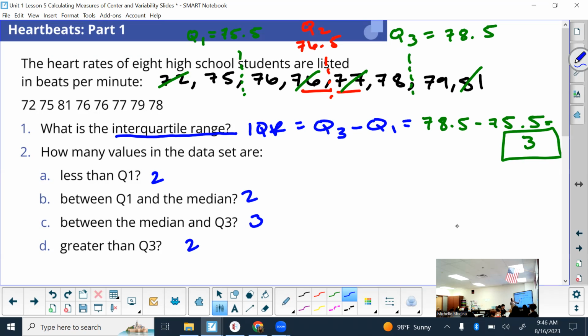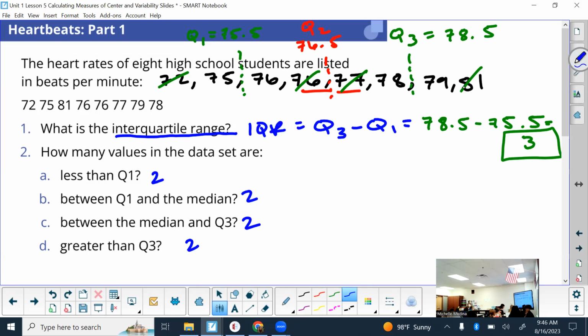Median and Q3, here to here, how many values? 2 values. So fix that. If you put 3, it should actually be 2. So there's only 2 numbers in between these 2 dotted lines, am I right? And then greater than Q3, just 2 numbers.